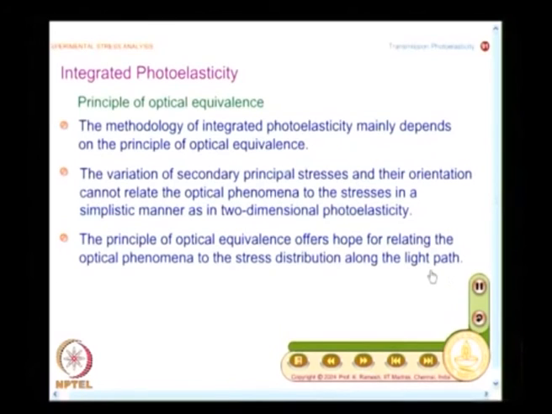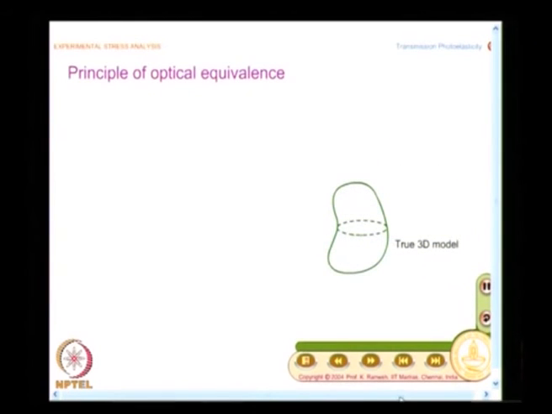And in this case, even to approach a mathematical methodology, you need the principle of optical equivalence. Without this principle, you can't even formulate the mathematics behind it. And let us see what this principle of optical equivalence is.